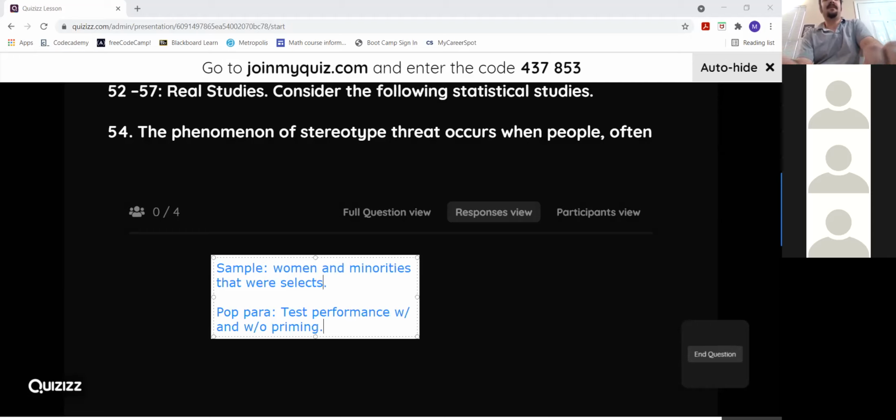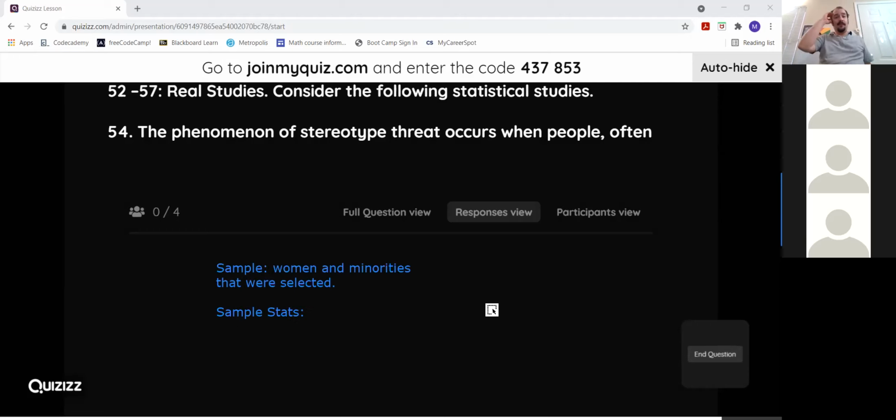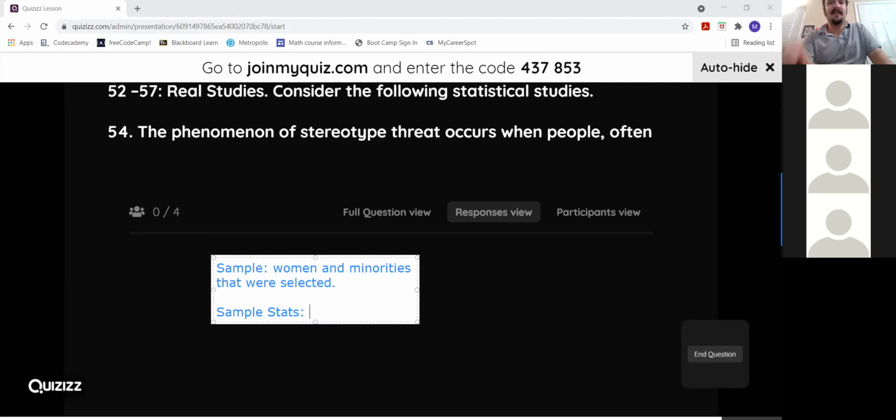So this is where we get the ones that were selected. I know we're kind of going over, hopefully we're not beating a dead horse too much. But now we're taking a sample from the larger population. So the sample is going to be the people that we selected. The sample statistic will be how these people performed on the test.